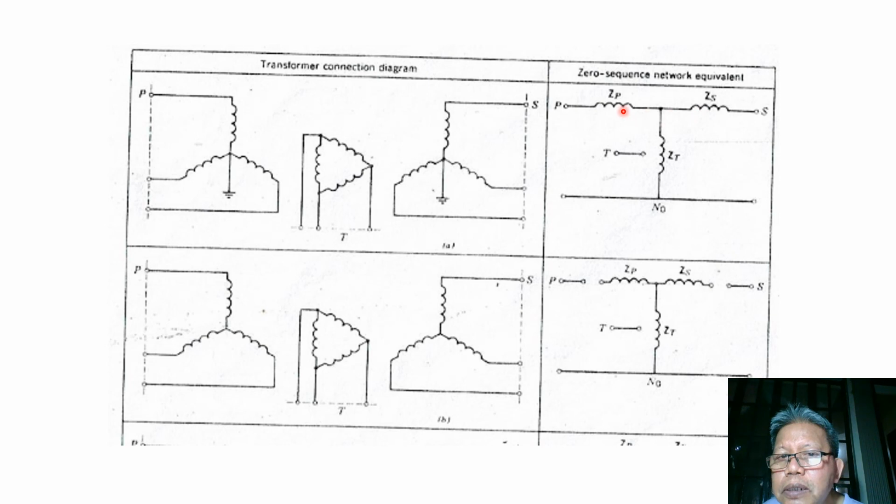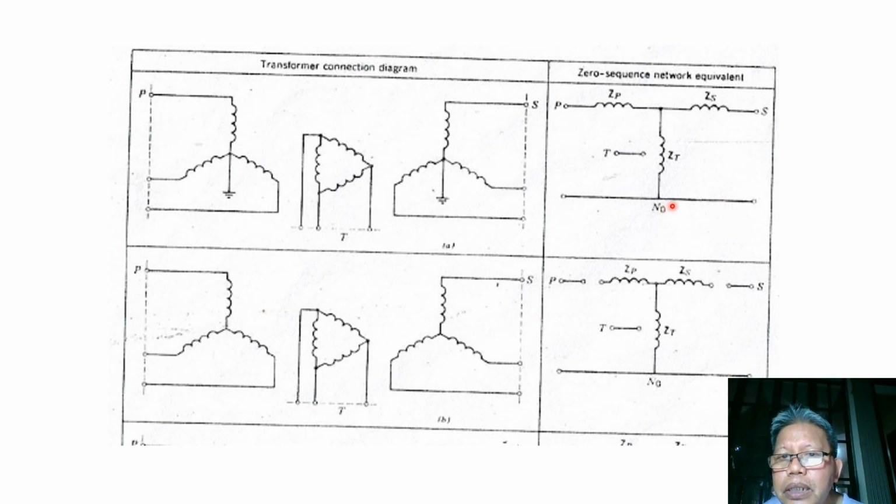We have Z sub P connected to the primary, Z sub S connected to the secondary, and we have Z sub T connected to the tertiary terminal. So this is our representation, and we have the formula for finding these individual impedances after performing the short circuit test. Now actually we have here the tertiary terminal T, while this is our reference neutral for the zero sequence network.